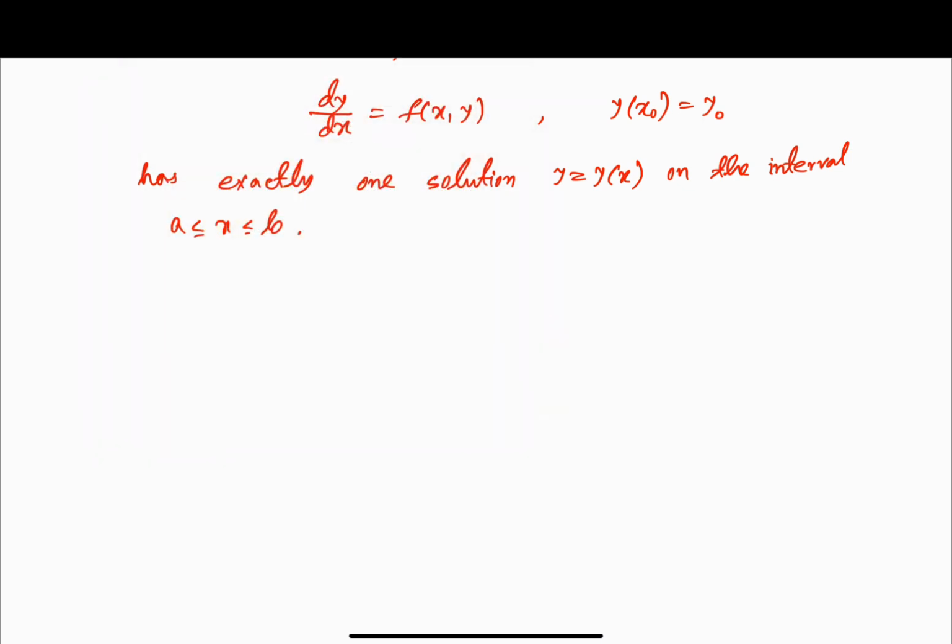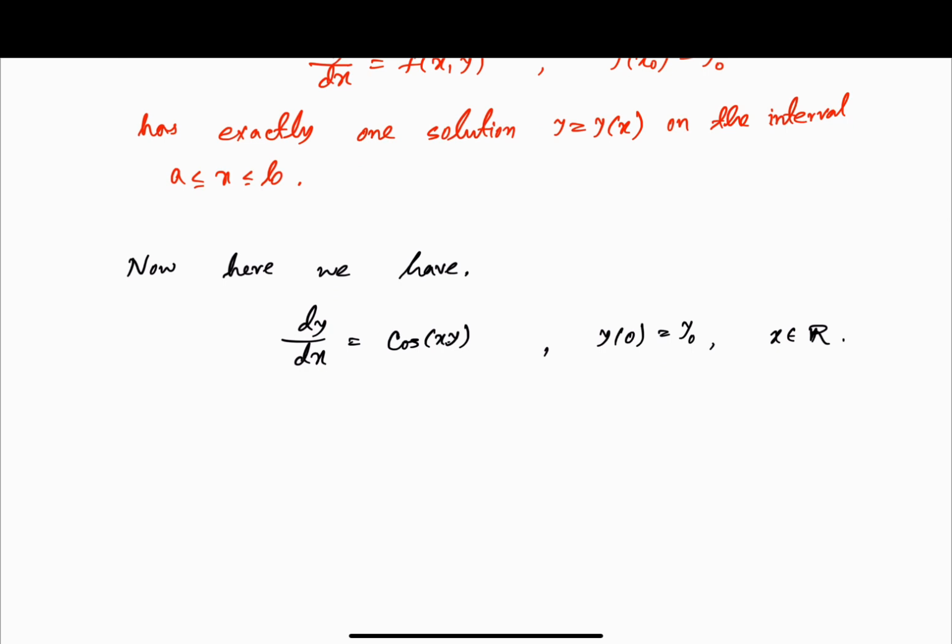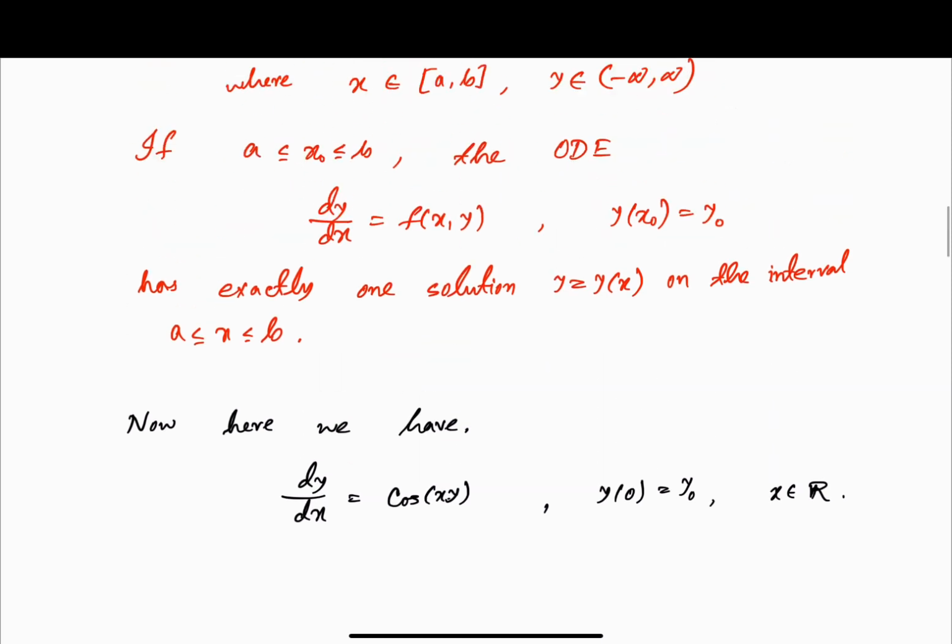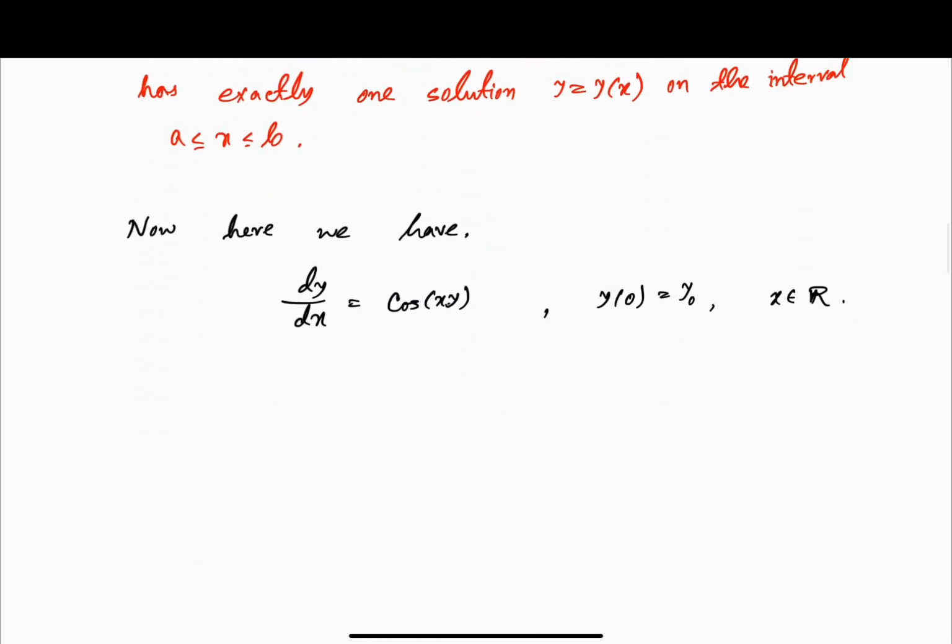So we have dy/dx = cos(xy), so this is the f(x,y), and y at the point 0 is y0, and x is in the real numbers. Note that f(x,y) here is cos(xy).